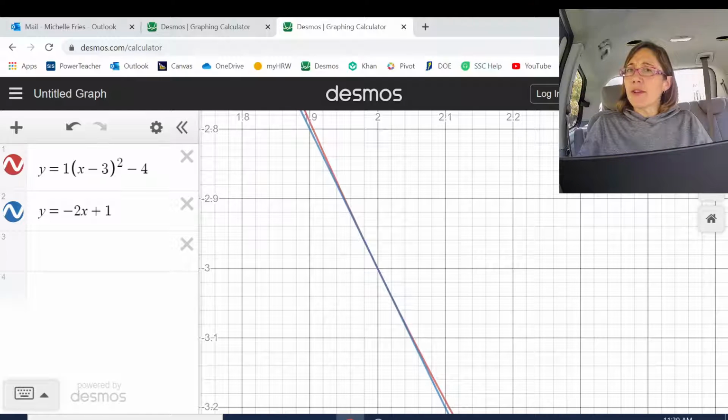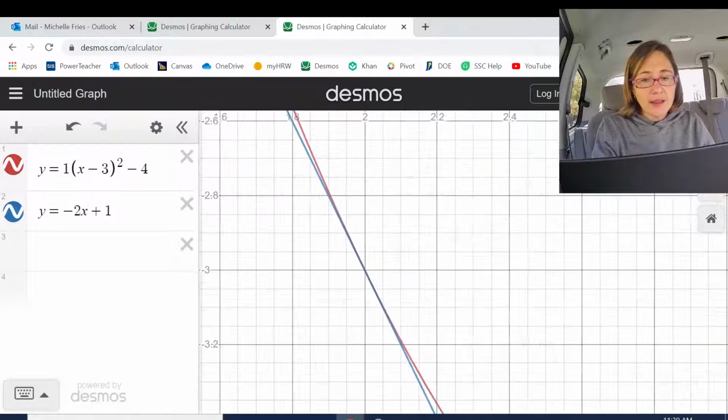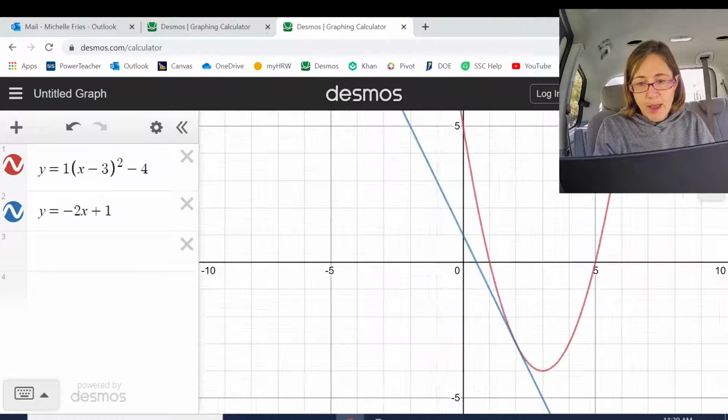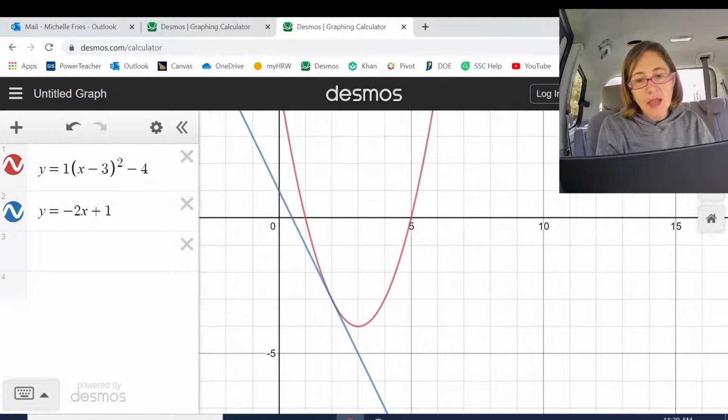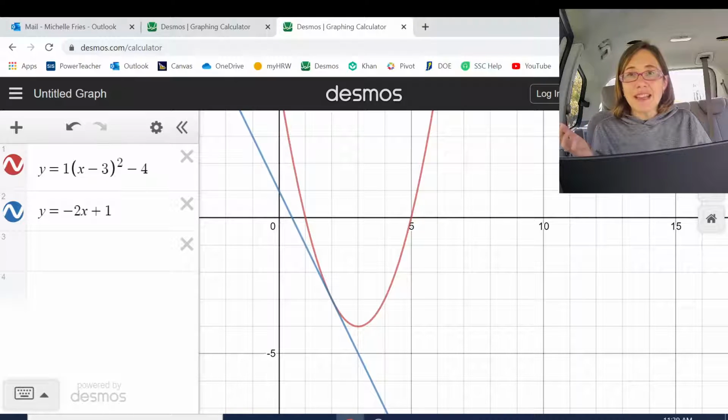In linear ones, we could have infinitely many. Are you ever going to get this parabola and line to hit at infinitely many points? No, because a line has to stay straight and a parabola curves, so those aren't going to hit at infinitely many points.